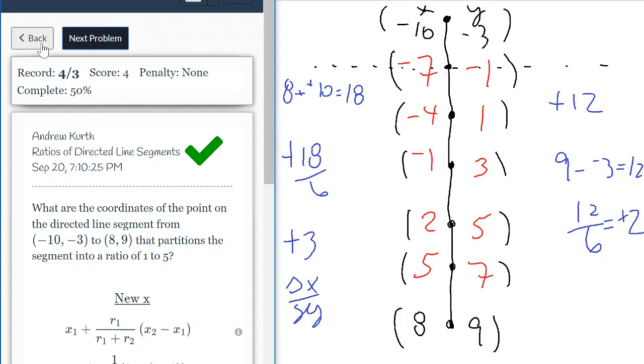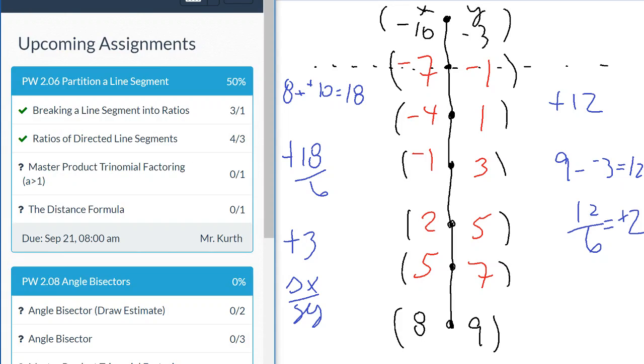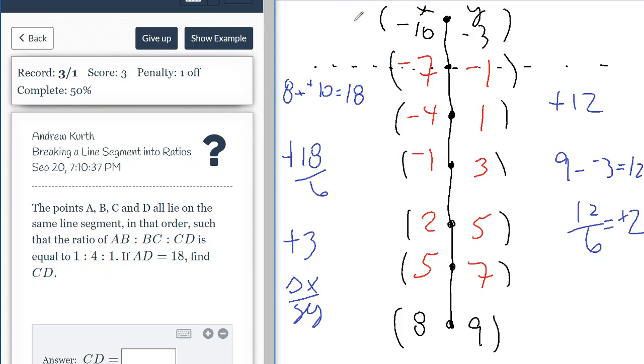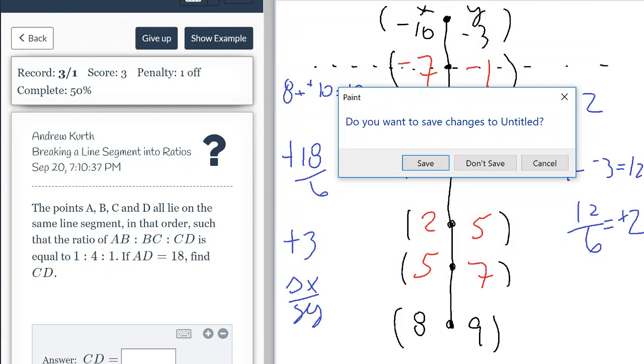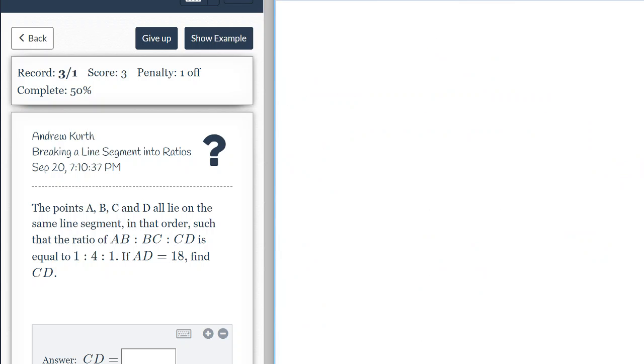There's one other thing that I wanted to show you. This is a different kind of problem. This is breaking a line segment into ratios. All right.